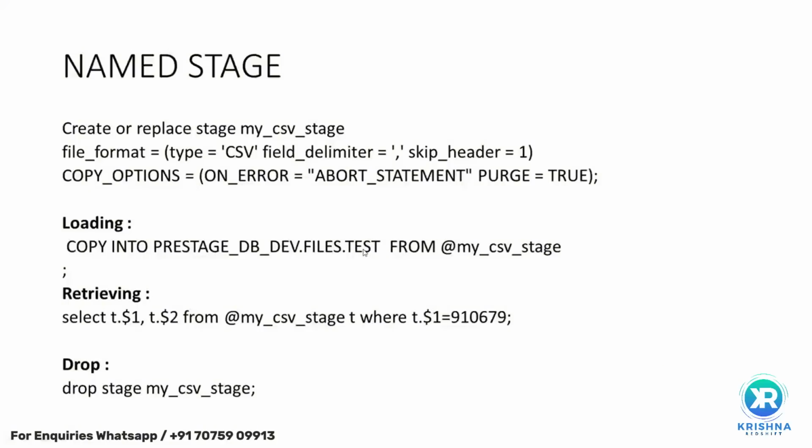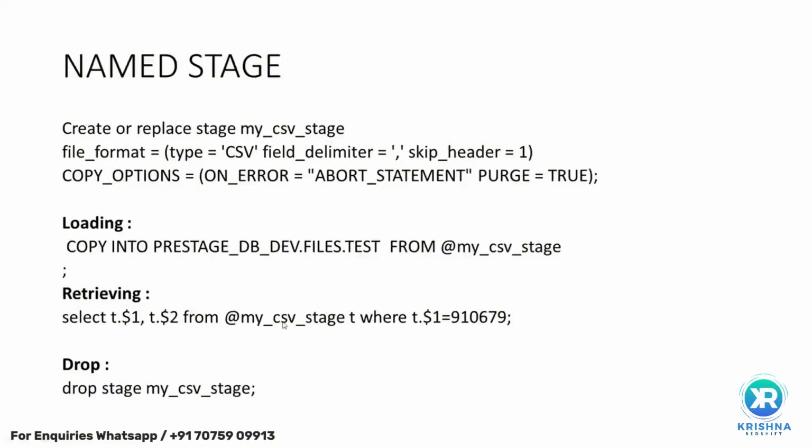We can also directly query from the stage. So from the stage we can query the data, where $1 means the first column and $2 means the second column, from at sign stage name. While the data is there in the stage, it's like a stage table.